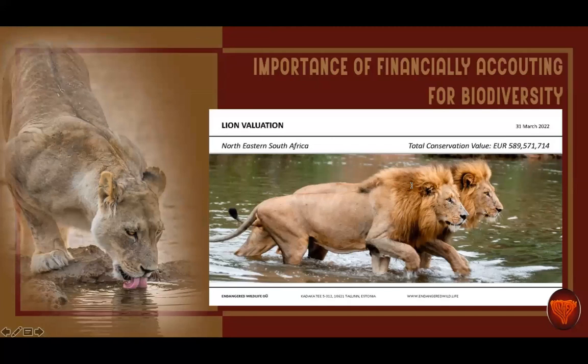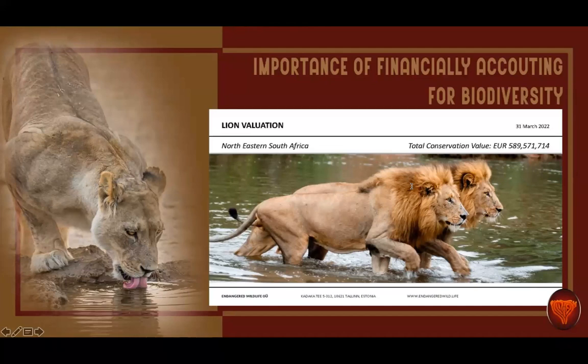Let's remove the vultures from the scene, and then suddenly the lion is one of those species that becomes vulnerable to these dangerous pathogens. And in one region of South Africa alone, the lion population is worth nearly 590 million euros. Lose the vultures, and this is a significant loss of value, both to the country and to the local communities.